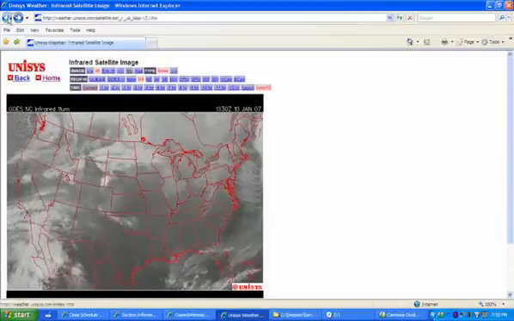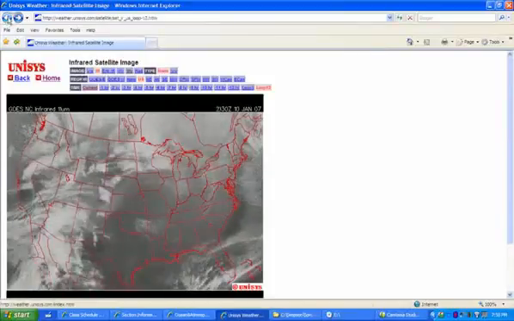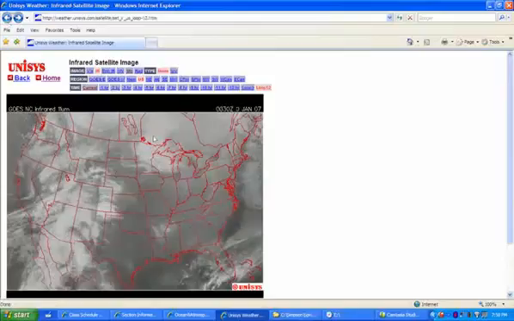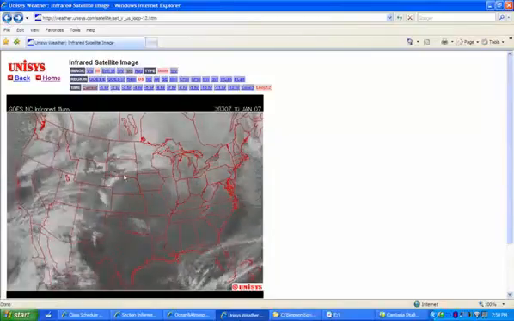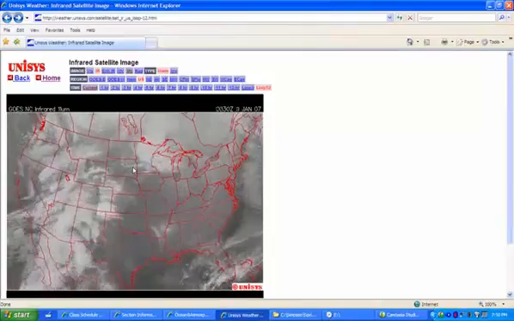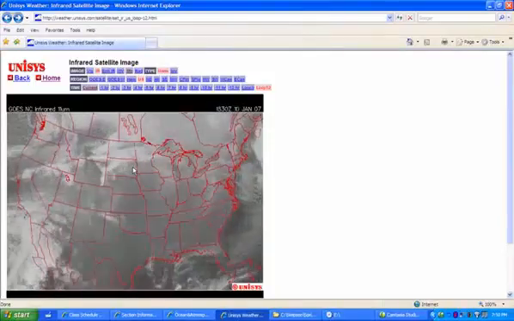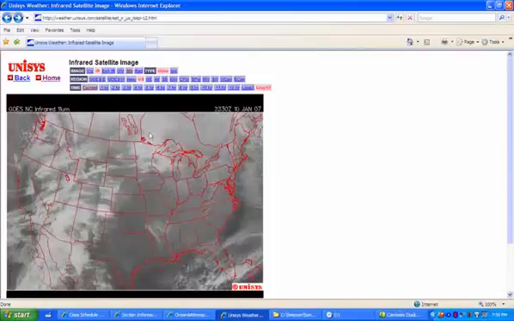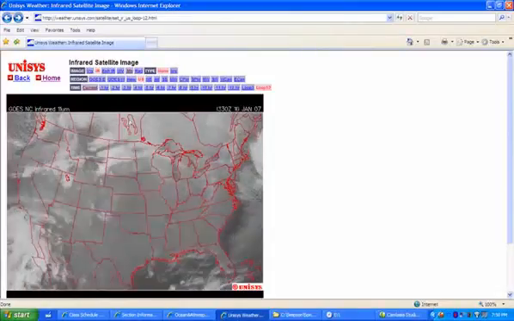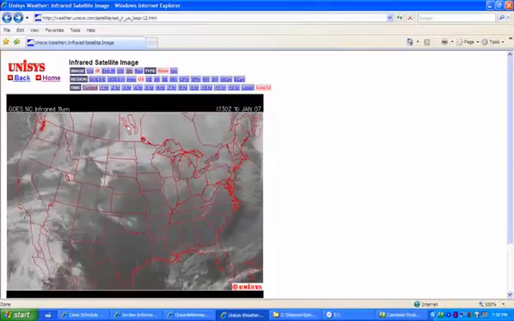Now again, here's the loop of the infrared. Now what we mean by infrared, these clouds, these high clouds, as indicated by the whiter shade, are emitting infrared radiation. The satellite that is in geosynchronous orbit with the Earth is picking up the emission of the clouds.